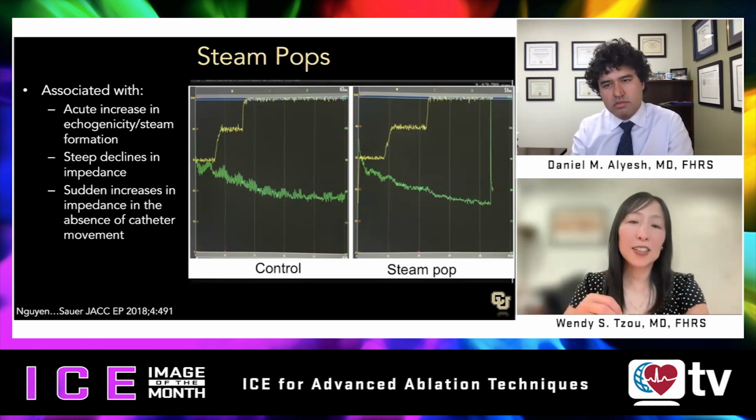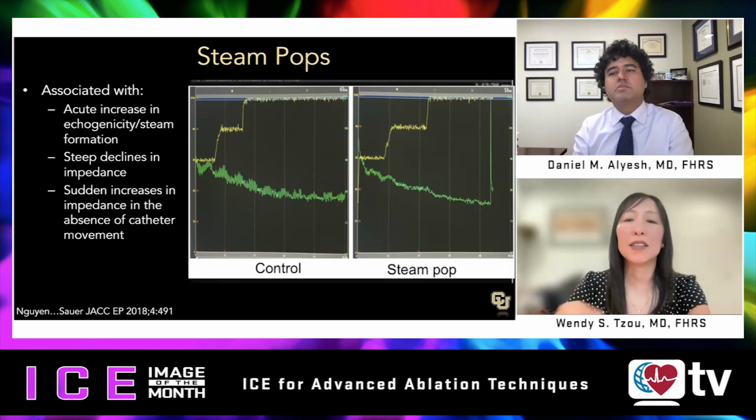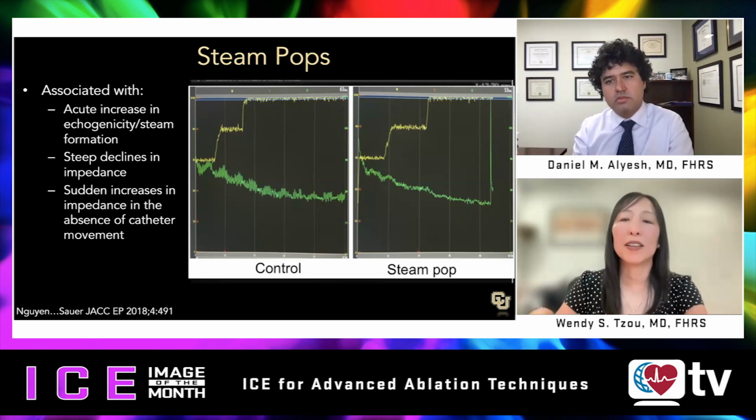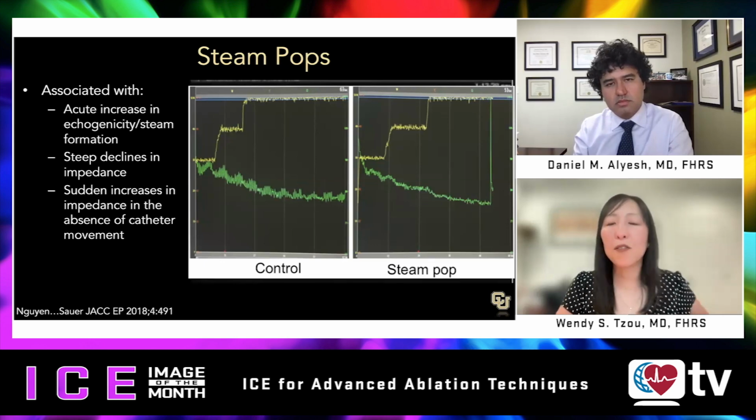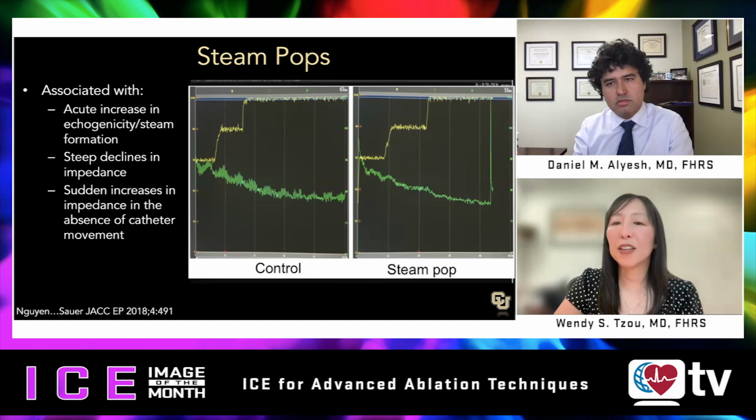As you apply energy and you're desiccating the tissue, the fluid evaporates off or gets drawn off, so you get this decrease in impedance that's nice and slow. That's what you want to see. What you don't want to see is a really rapid drop in impedance over a very short period of time, which you can see in the initial part of the graph on the right, and then a subsequent fairly steep drop over time.